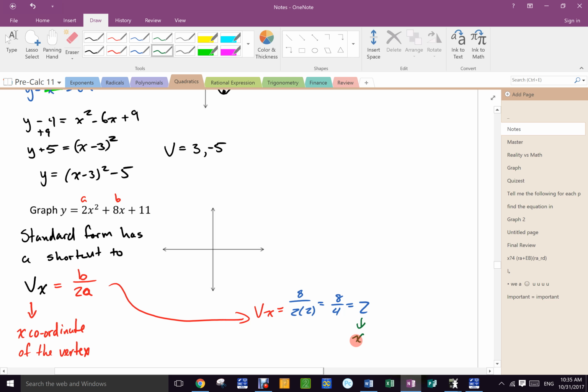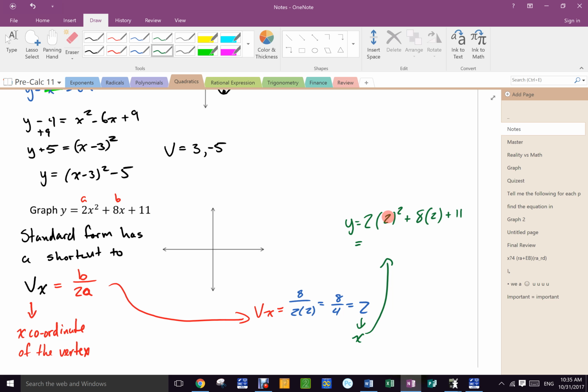Can we do something with x values? We know up here that this is what y equals, right? So that must mean that y equals 2 times x squared plus 8 times x plus 11. What's x? Negative 2 squared. What's 2 squared? 4.